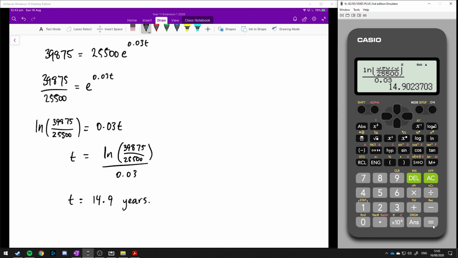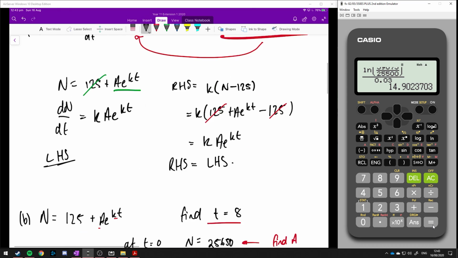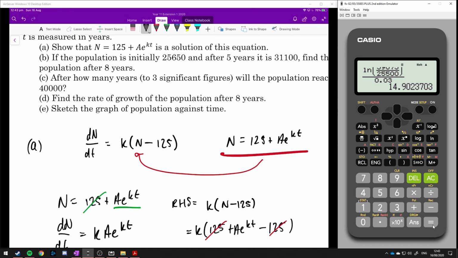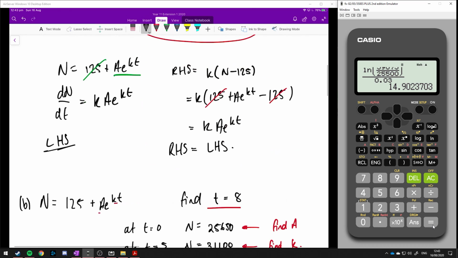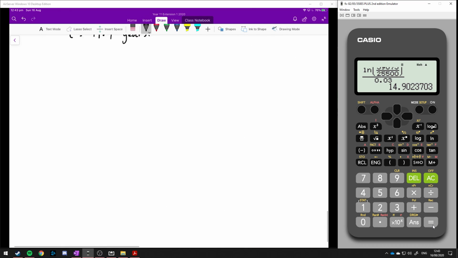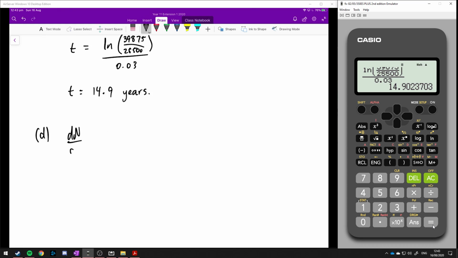Okay, so find part D. Part D says find the rate of growth of the population after 8 years. So the rate of growth is dN/dt, so the number of people with respect to time.